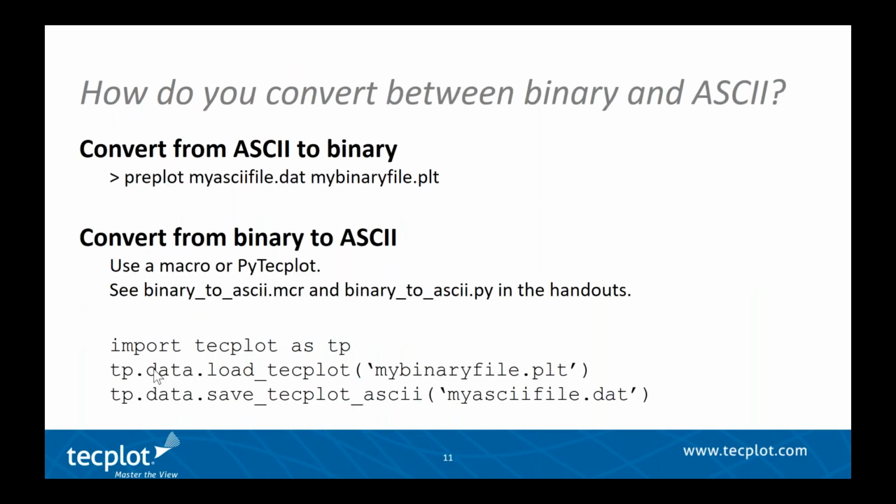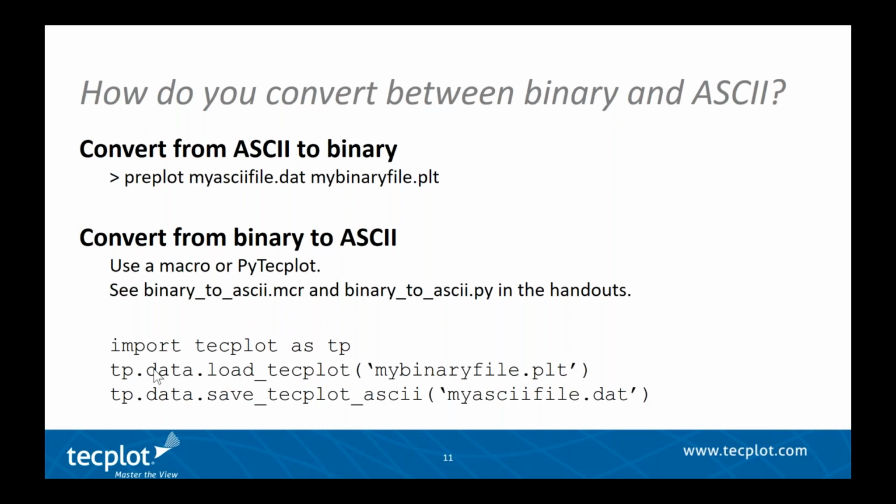So they were really asking, how do I switch from binary to ASCII? And most of our users say, well, how do I switch from ASCII to binary? Because binary is much faster to load. ASCII is nice to use if you do need to bring it into a tool like MATLAB or Python. Of course, using PyTecplot, you can load binary data directly into Python, so no need to switch to ASCII there.